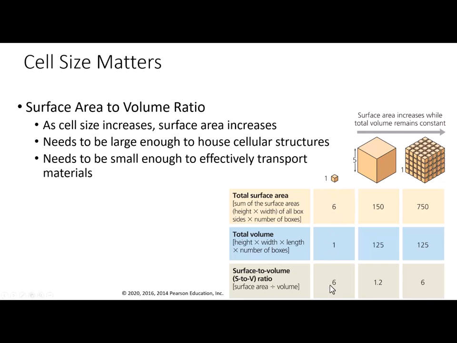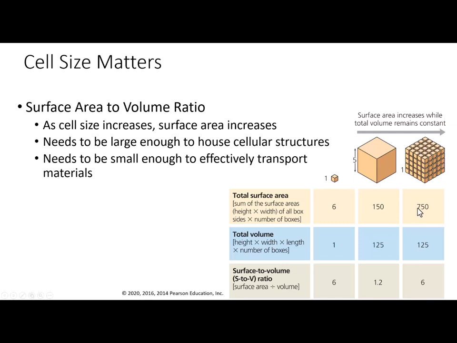The surface to volume ratio is 6 to 1. Now if we increase that to 5 by 5 by 5, our total surface area is 150 and the total volume is 125. Then our surface to volume ratio is about 1 to 1, so it drops at least 5-fold.